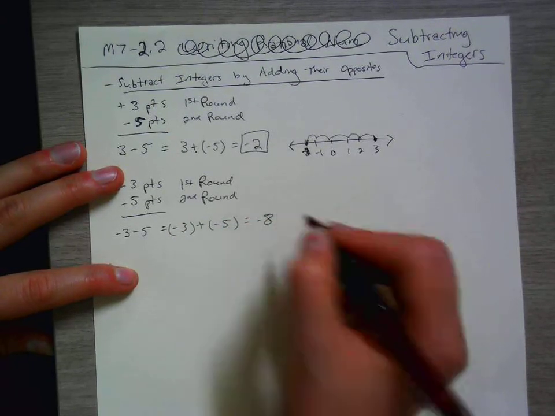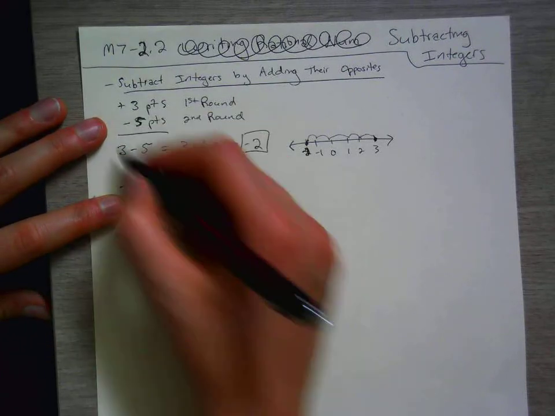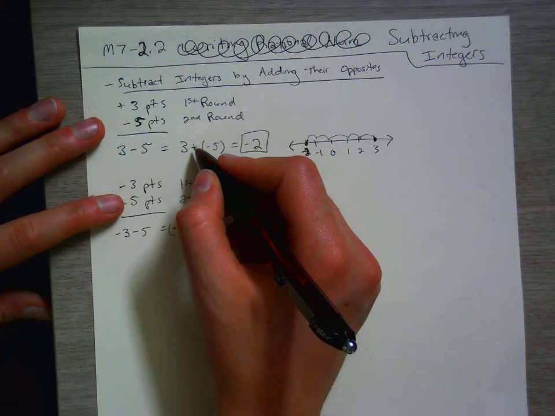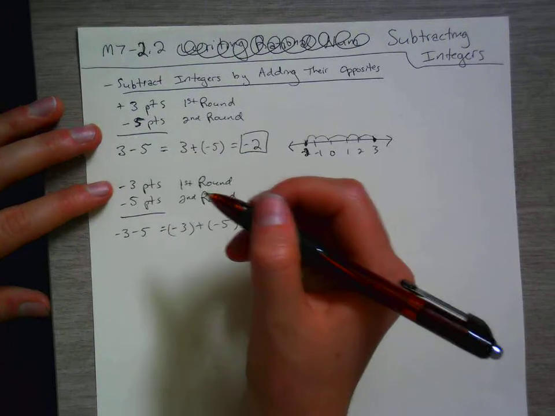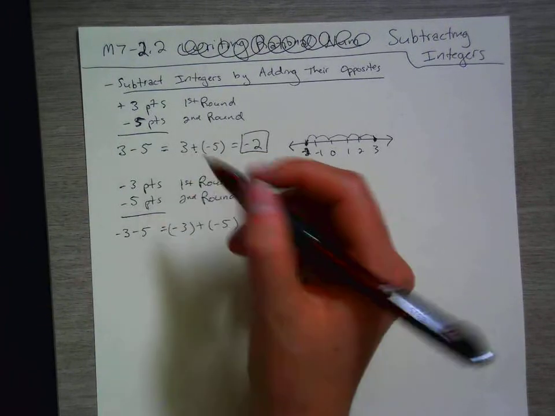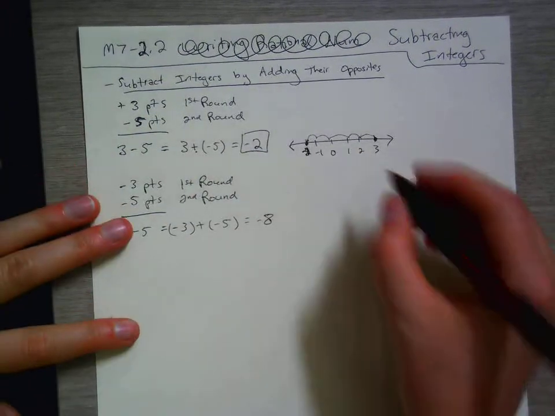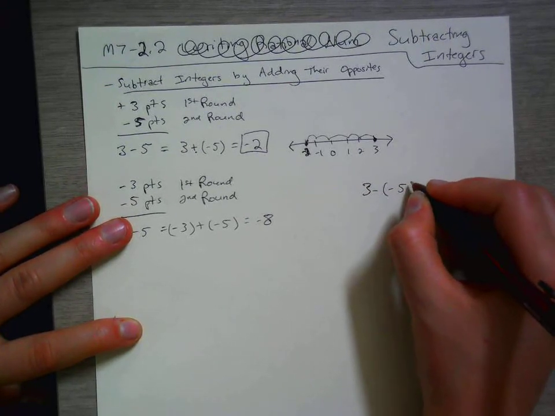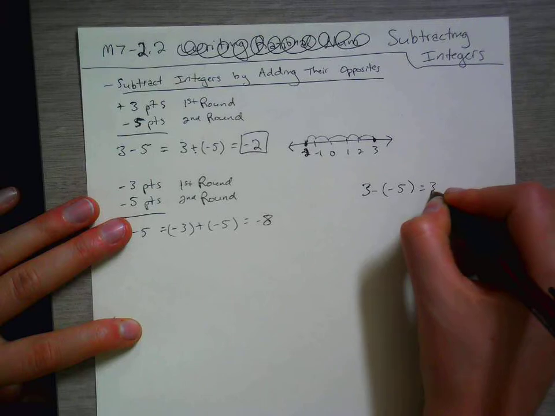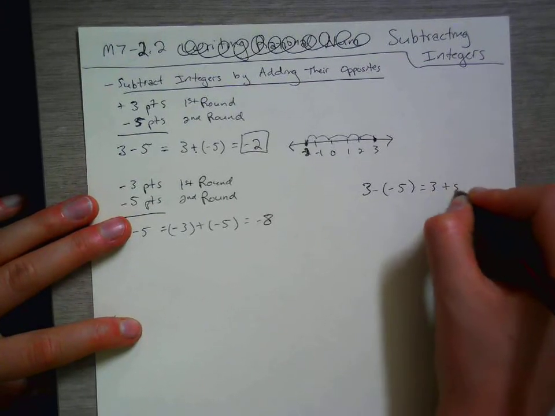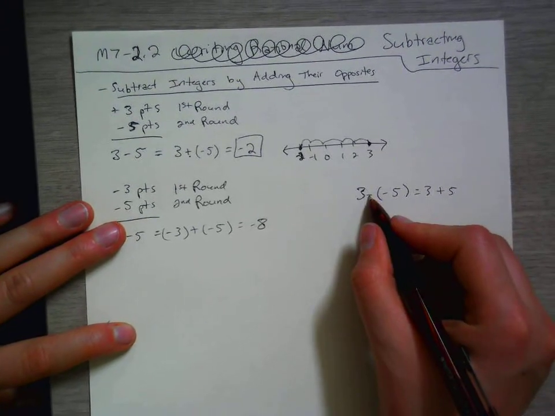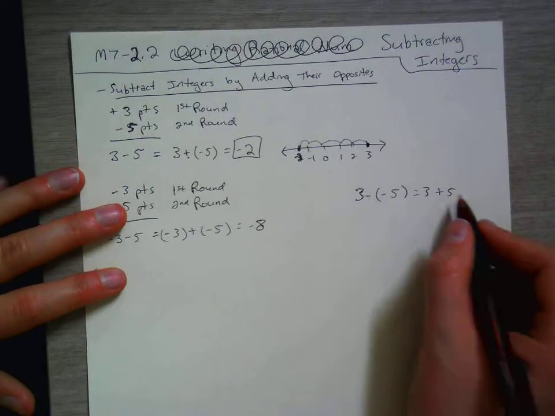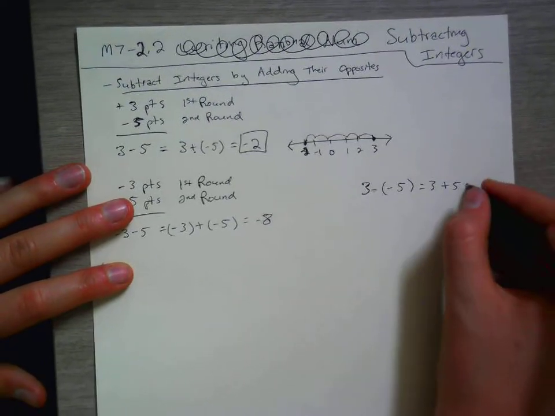But let's say you want to subtract a negative. So a different problem. We want to do 3 minus negative 5 equals 3 plus 5, because instead of subtracting, we're adding, and the opposite of negative 5 is positive 5. So it becomes this, and the answer becomes 8.